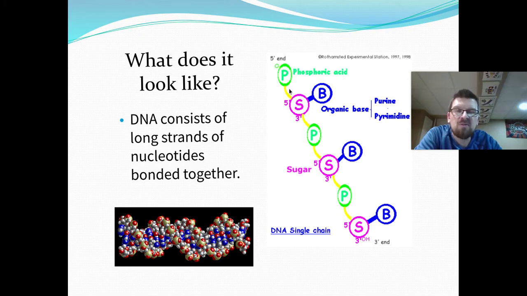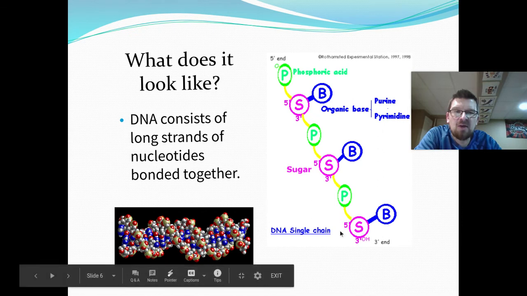Notice that the phosphate and the sugar are connected here in one direction. And then in the other direction to the sugar, we have what we call the base, or the nitrogenous base, or organic base. Don't worry about these words here yet. But if you look here, this P-S-B is just repeated over and over again. Now remember, this is a single chain of DNA.